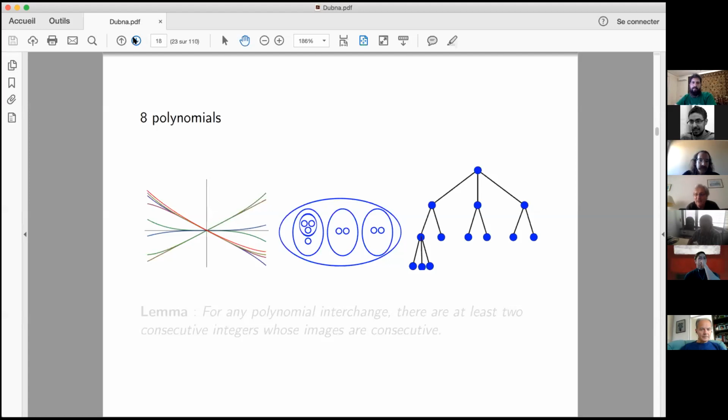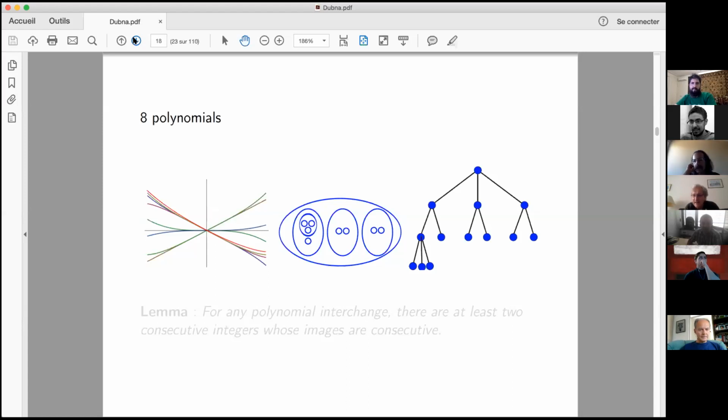On the second level, you have 6 blue points, which correspond to 6 second derivatives. And then at the deepest level, you have 3 additional points corresponding to third derivatives. And you can see that these 8 polynomials are structured according to a tree.